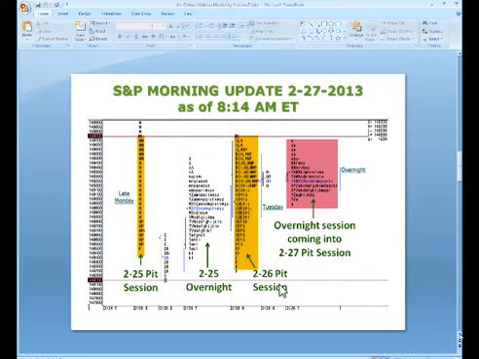Non-clients can get it on a delayed basis. But what you're looking at right here is I defined the range on the top. You'll see we had a range, a high on 2/26. You will see the overnight range, which is in pink.